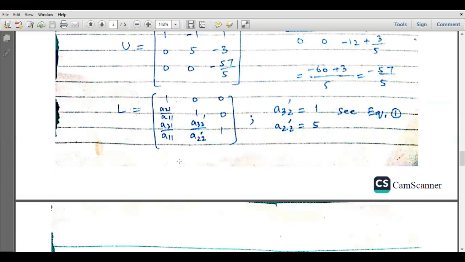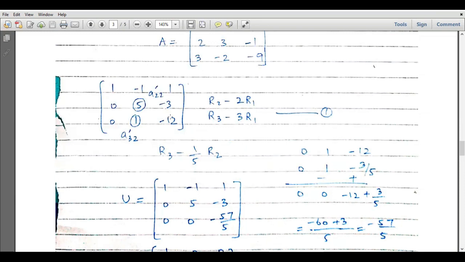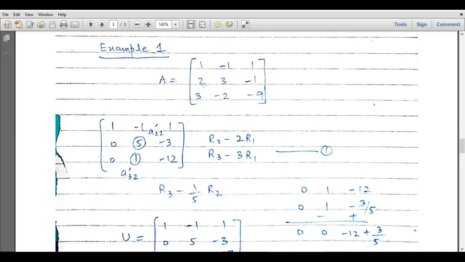Now the L matrix has diagonal entries equal to 1, and we have three zeros over here, the above-diagonal entries, and the entries below the diagonal are equal to A21 over A11, A31 over A11, and A32 dash over A22 dash. So A21 over A11 can be evaluated from here. This is A21, this is A11.